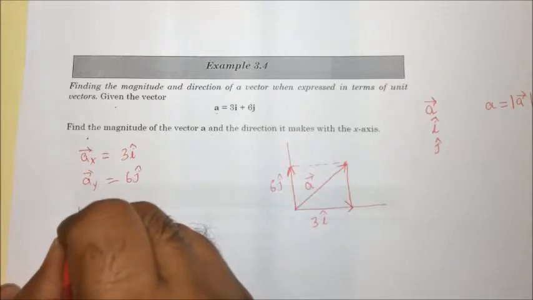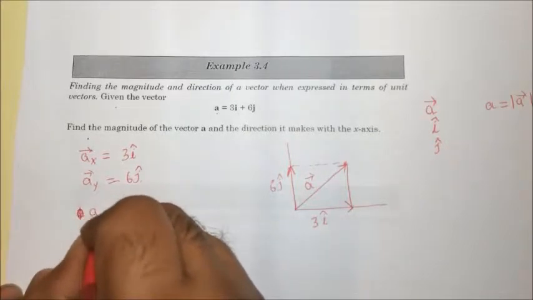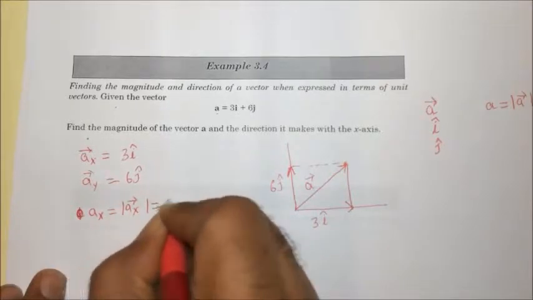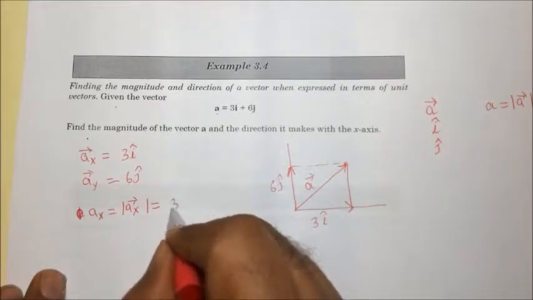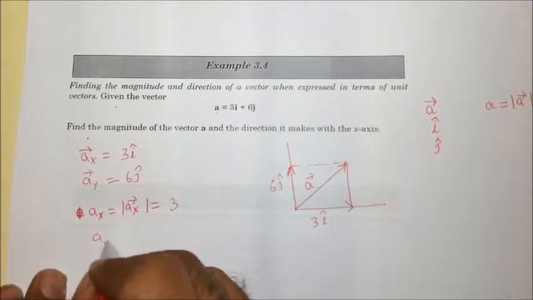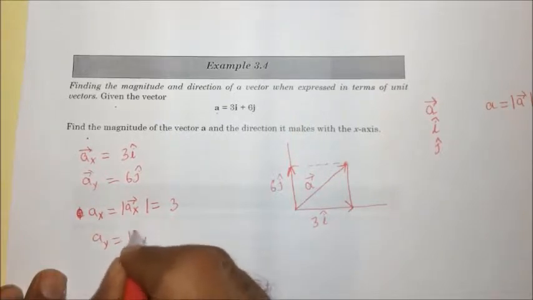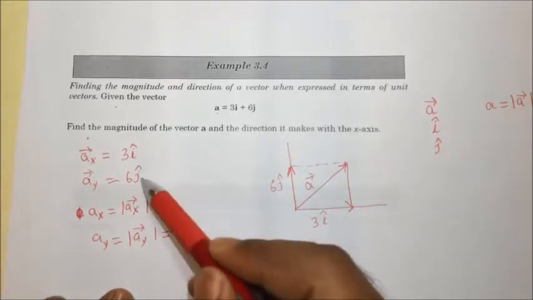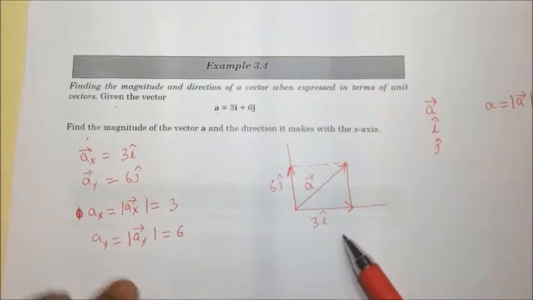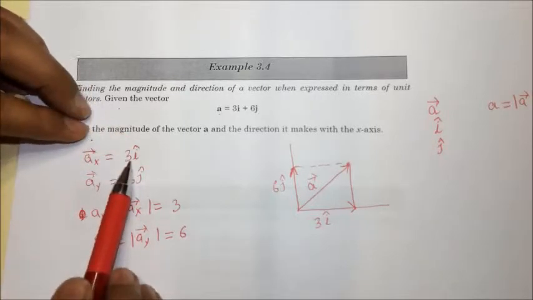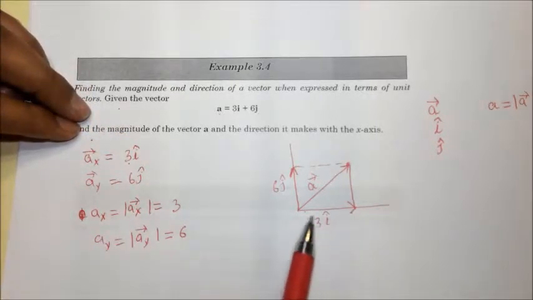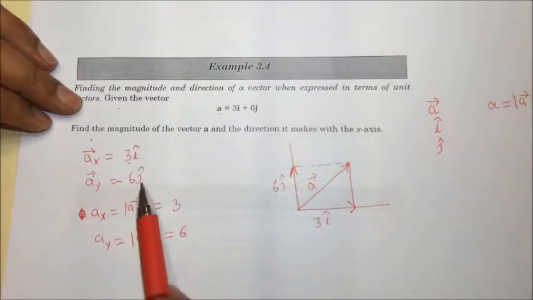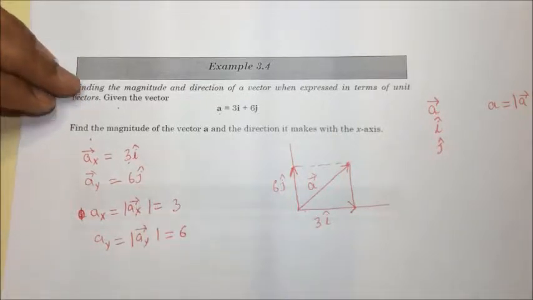So AX, the magnitude of the x component of vector A, is 3. AY, the magnitude of the y component, is going to be 6. Remember I and J are unit vectors. When I put I with 3, it means 3 units along the x-axis. The magnitude of I is 1, the magnitude of J is 1.